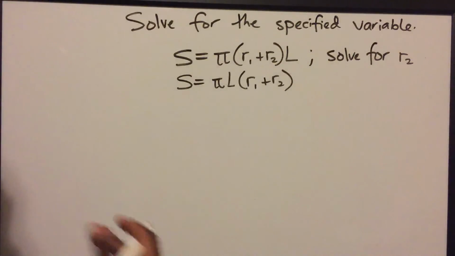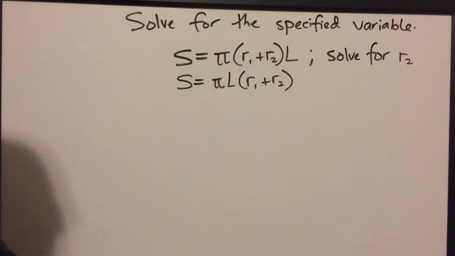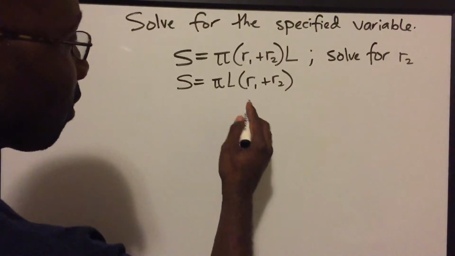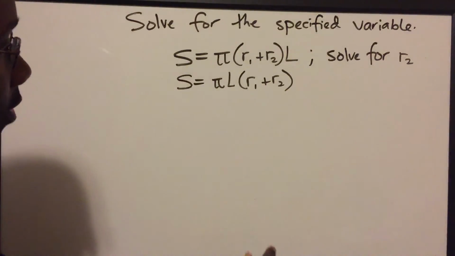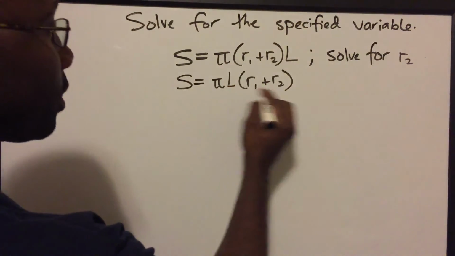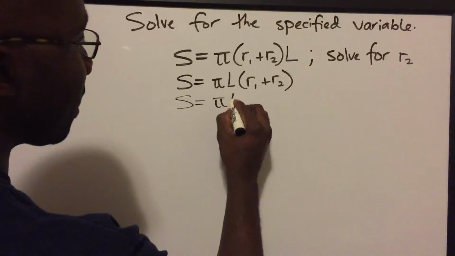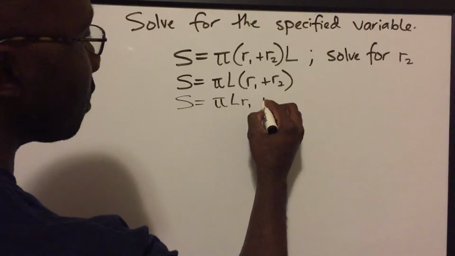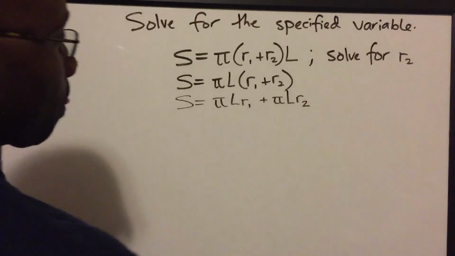It's saying the same exact thing. Now I'm going to take this pi L and distribute it throughout the parenthesis. So S is equal to pi L R1 plus pi L R2.